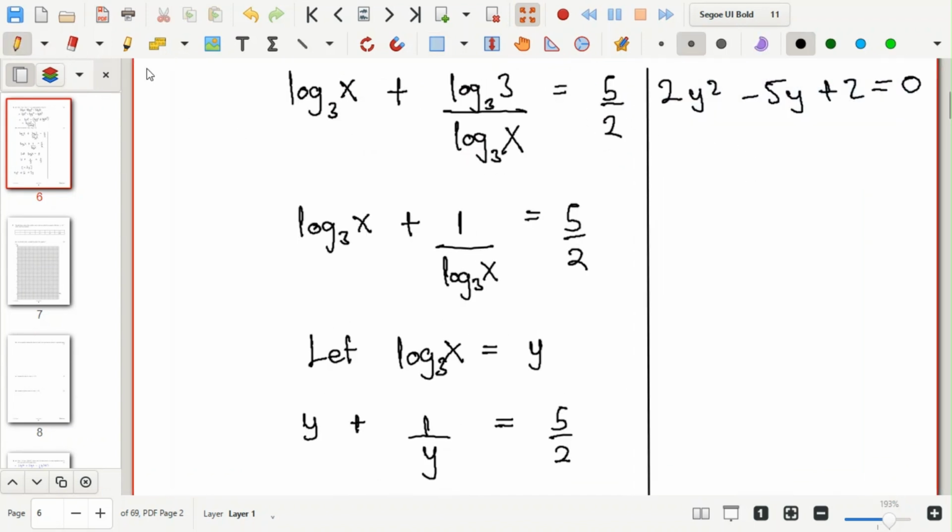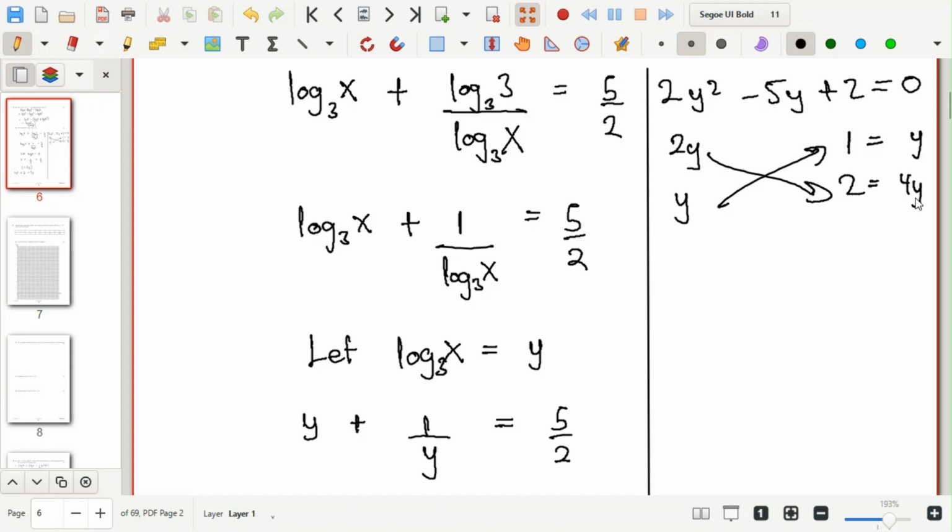All right, so now when I solve this, I'm going to get 2y times y will give you 2y squared. Then also 1 times 2 will give you 2. Then I cross multiply. I'll get 4y. If I cross multiply, I'll get y.